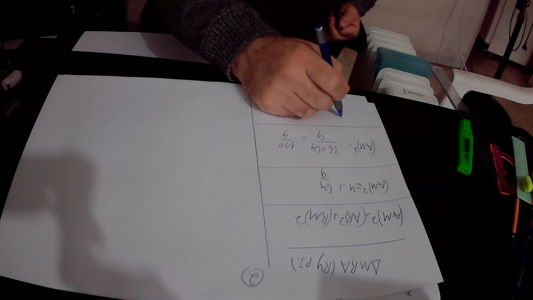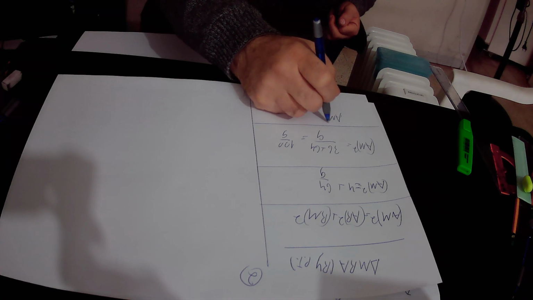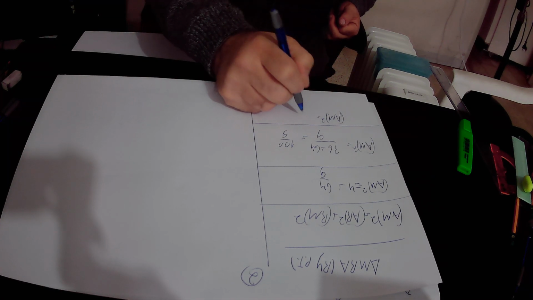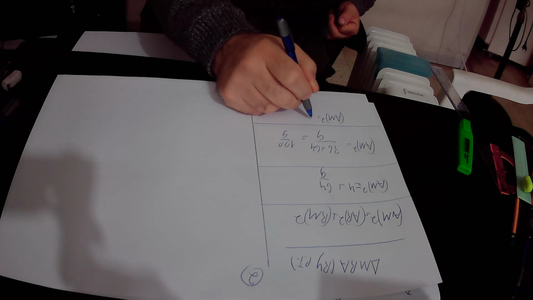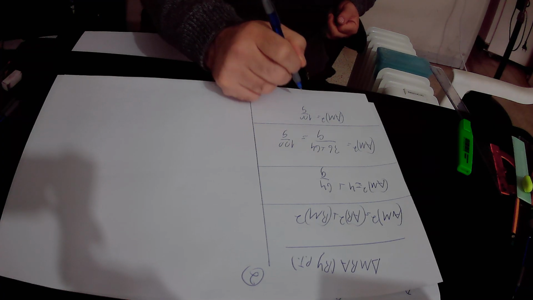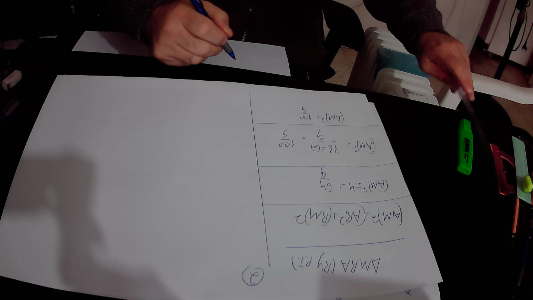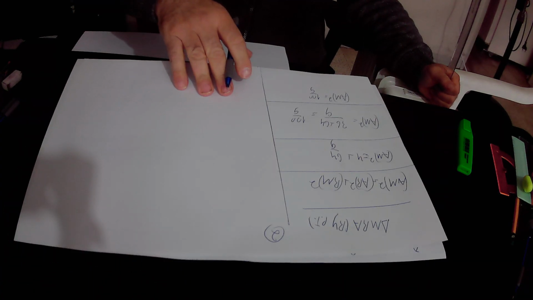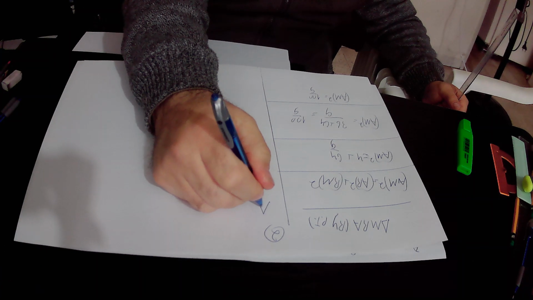So we found out that AM squared equals 100 over 9.